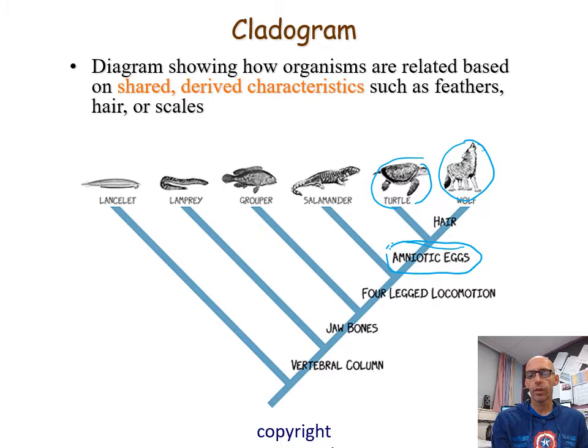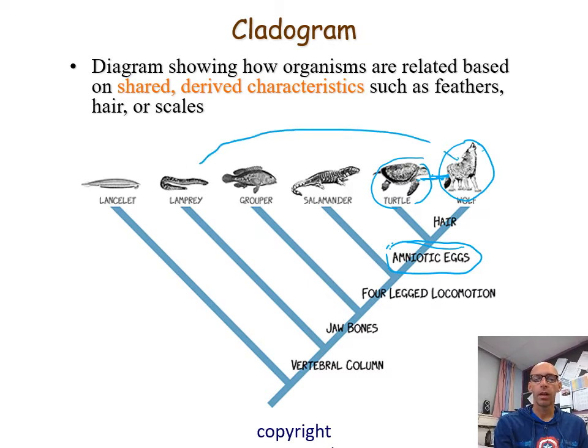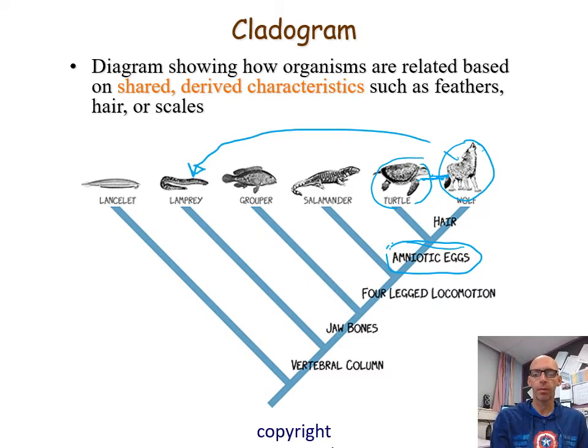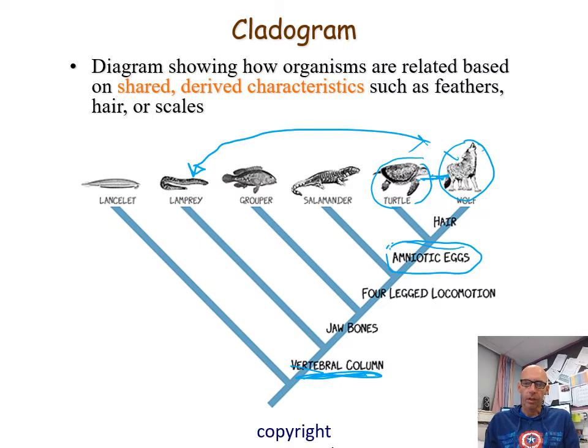So a wolf and a turtle have a lot more in common in terms of their features than a wolf and a lamprey, a primitive type of fish. Both of them have a vertebral column, both of them have a spine, but there's significant differences between them. So the cladogram helps us to organise animals so that you can see how similar they are to each other based upon the features.